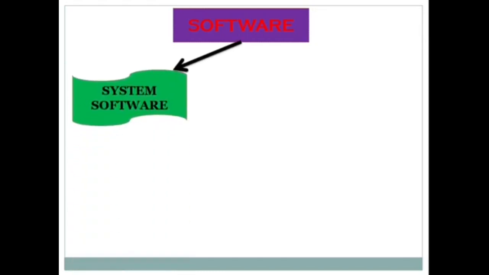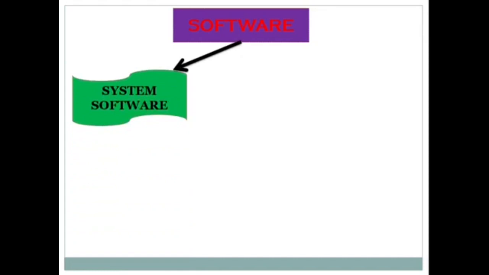Okay, see, first software. So a computer has two main components, one is hardware and another one is software. Now we see the types of software. So the first one is system software.